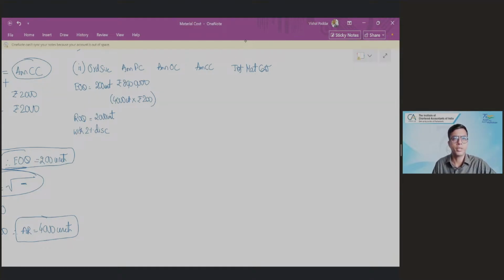Or 88 lakhs. I think it is 8 lakhs, not 80 lakhs. However, when I do it here, it is 4,000 units multiplied by 200 minus 2% because there is a discount. So this makes it 196 rupees. My purchase cost has reduced.